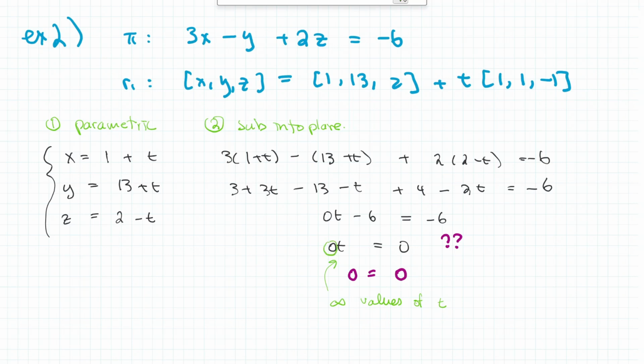So if there's an infinite value of t, that means there is going to be an infinite value of intersection points. And if there's infinite intersection points, we saw from our initial summary that means that we are having a situation that is coincident, which means that our line lies on our plane so that there's an infinite amount of intersections.